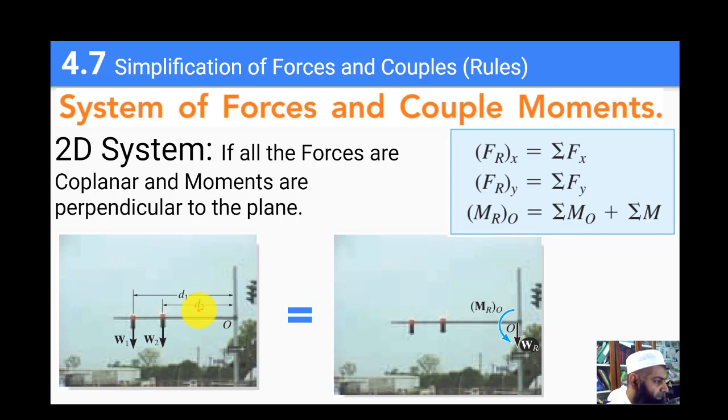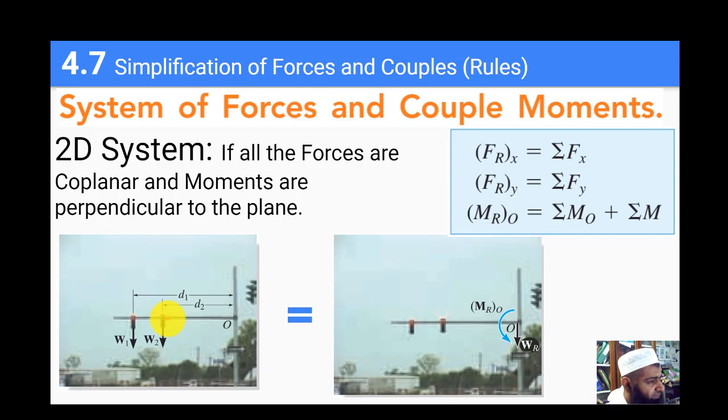And now we want to simplify this system, and convert it into a resultant force and resultant moment acting at this point O. So again, by using the concept that we have studied before, the resultant force at this point O would just be the sum of these two forces, W1 and W2. That would be the resultant force, and the resultant moment would just be equal to W1 times D1 plus W2 times D2, because anytime we move a force around, we know that we get a couple moment if the motion is not along the line of action of that force.